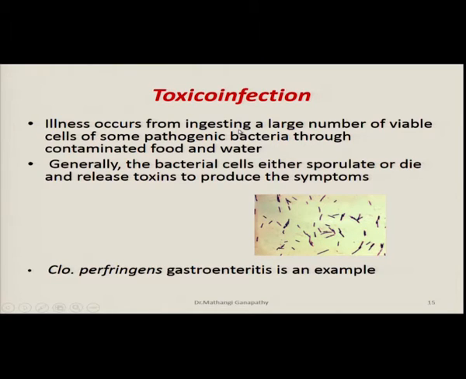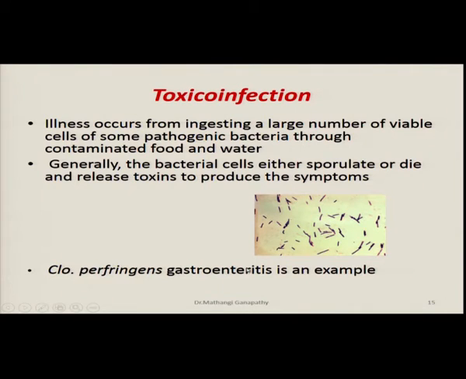Toxico-infection. Here, illness occurs from ingesting a large number of viable cells of some pathogenic bacteria through contaminated food and water. In toxico-infection, whatever you consume, the cells have to be large in number, not small. It has to be very large in number. And generally, these bacterial cells either sporulate or die and release the toxins.